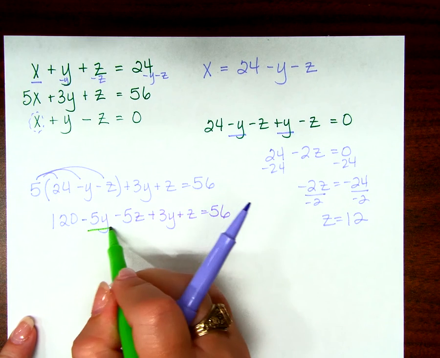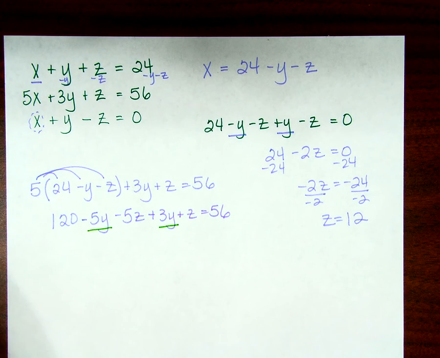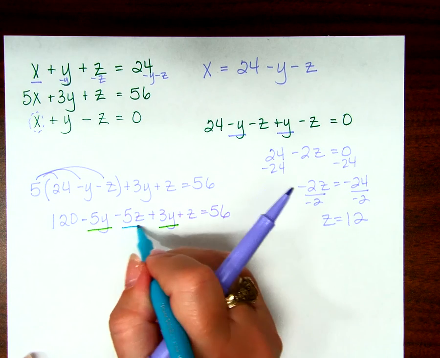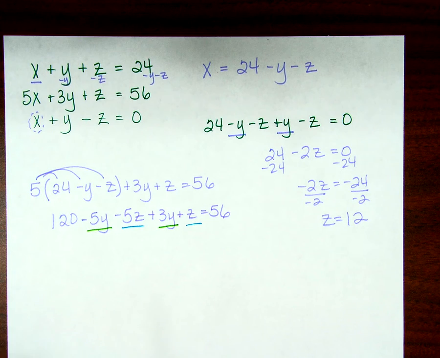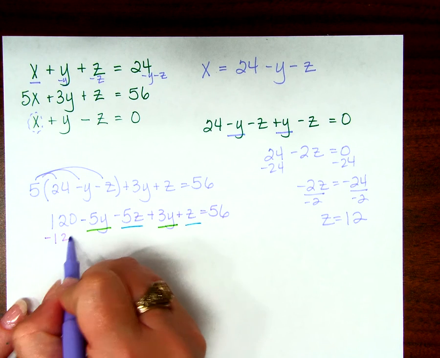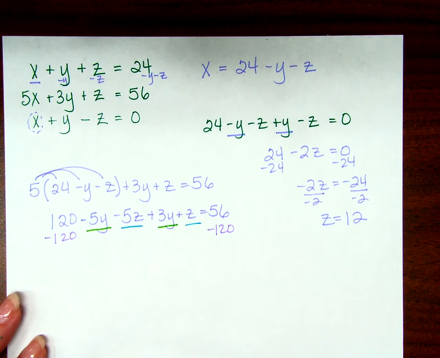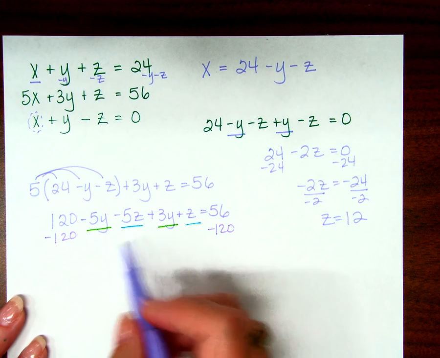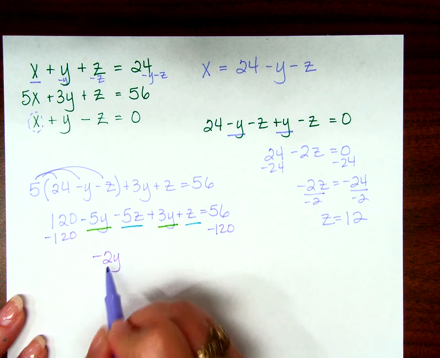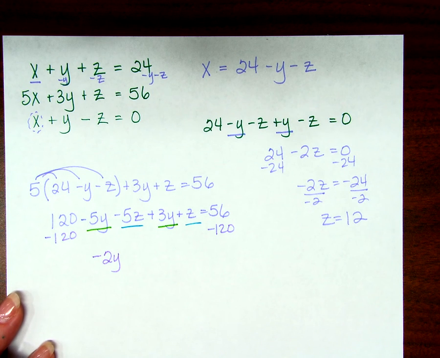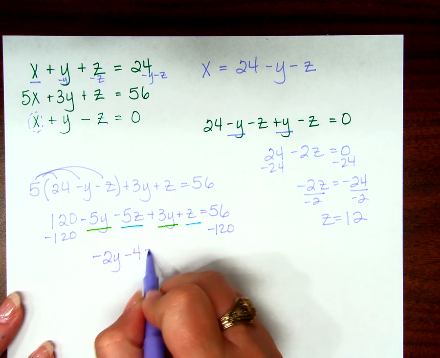I've got y's and I've got z's, but I can also subtract 120, right? So my y's will be negative 2y. My z's will be negative 4z.